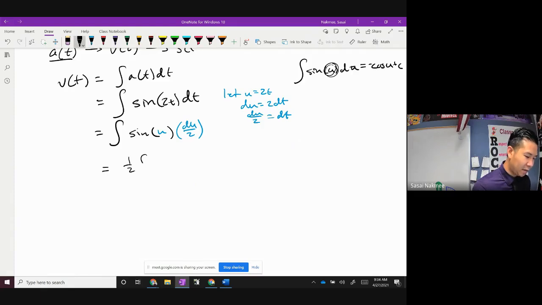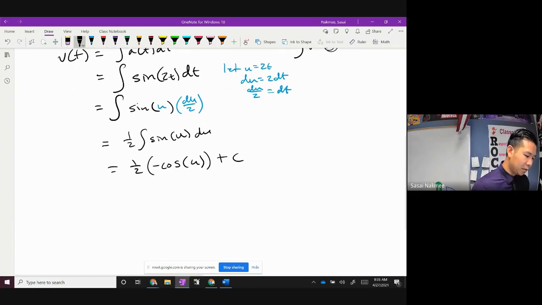This is 1/2 times the integral of sine of u du, which is going to equal 1/2 times negative cosine of u plus c, which is going to equal negative 1/2 cosine of u, which in this case was 2t, plus c. This, of course, is equal to v of t.